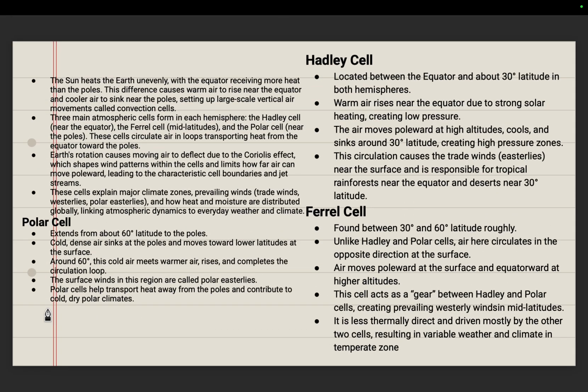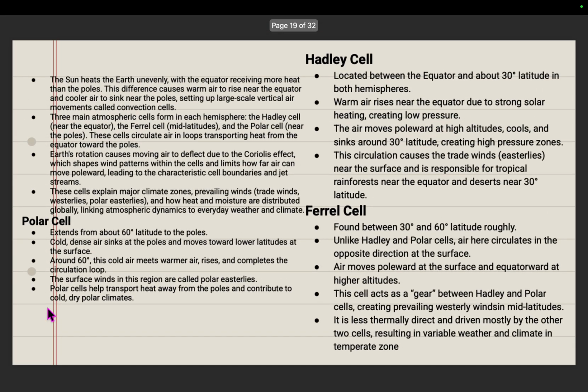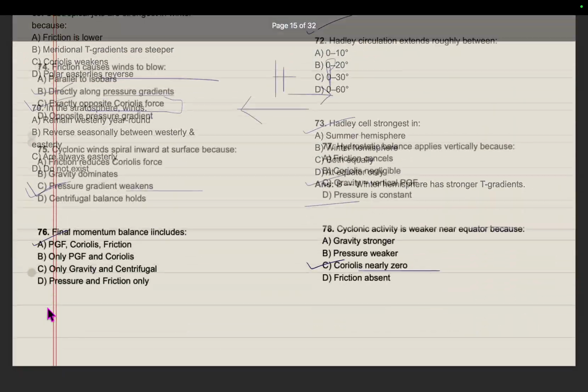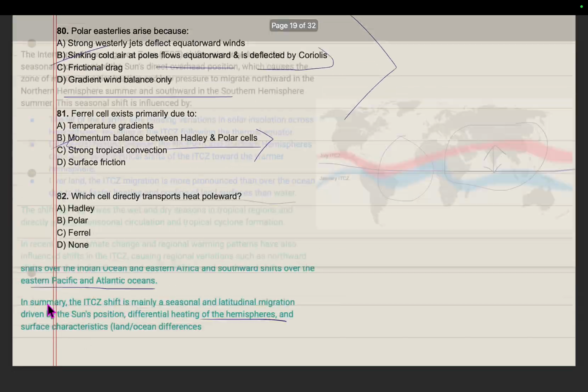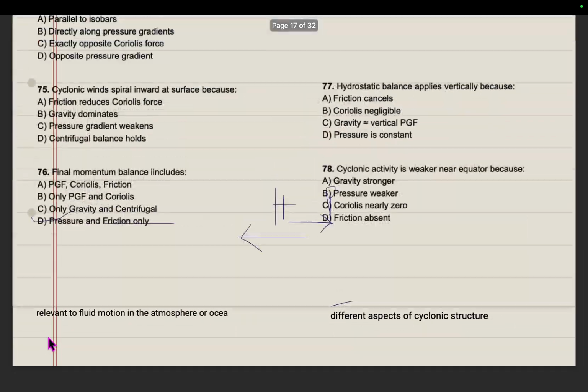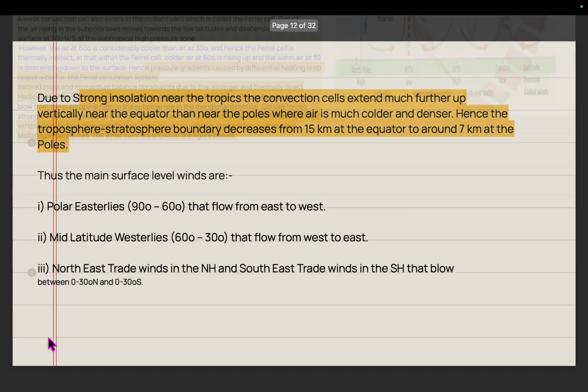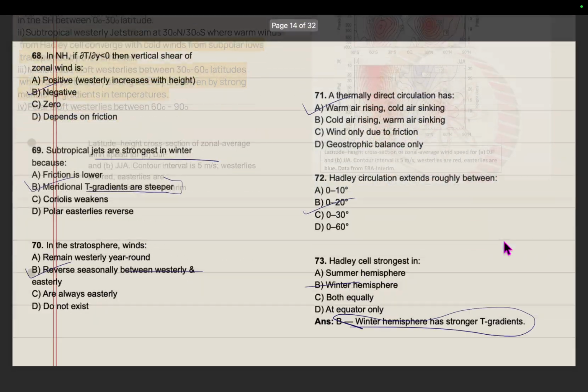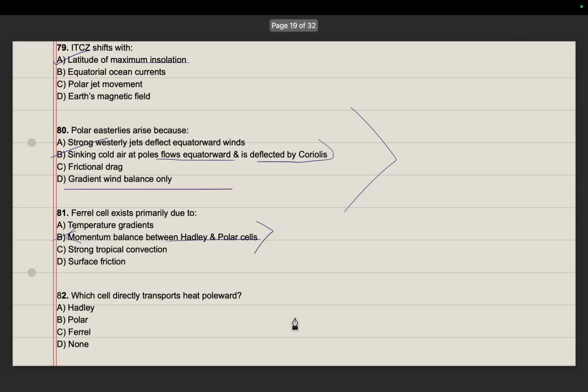Directly polar cell, I guess this will be the Hadley cell only. So directly there is more energy being transported from the equator. I have to confirm this answer, I guess. Direct. What does this thing direct mean? 82, I could not answer.